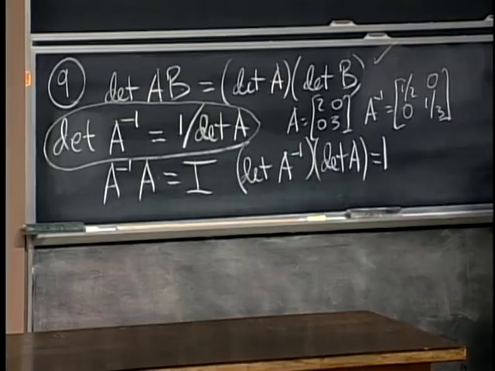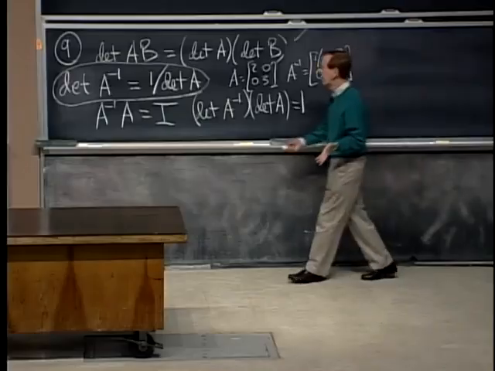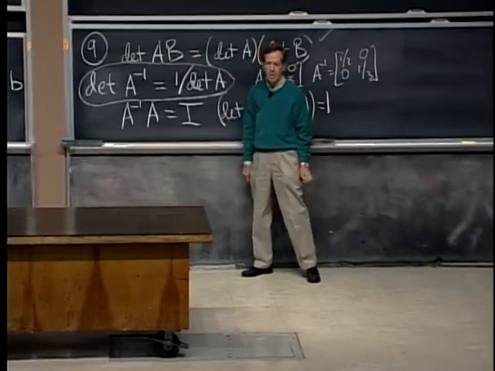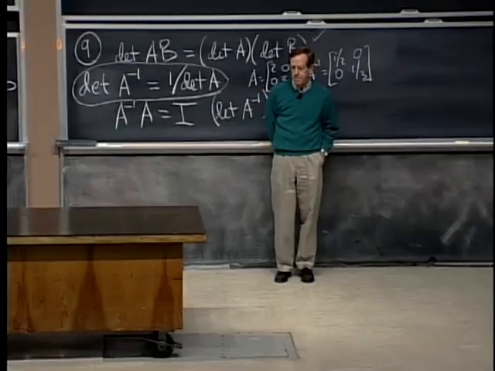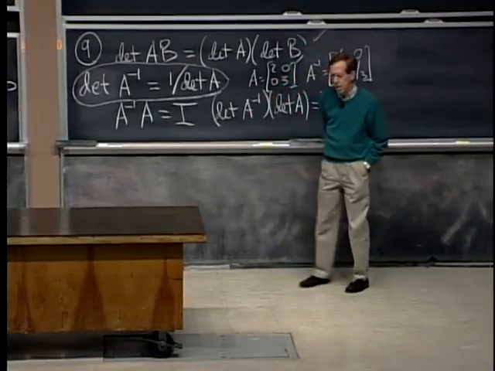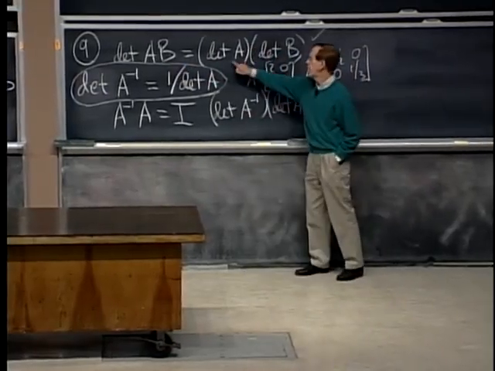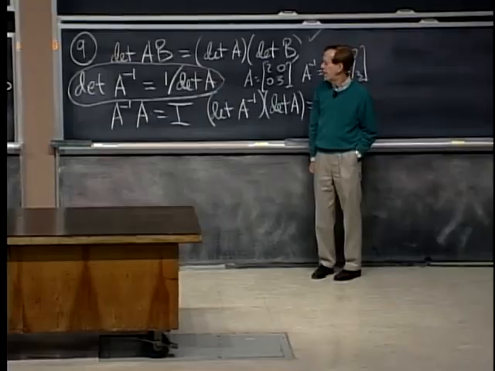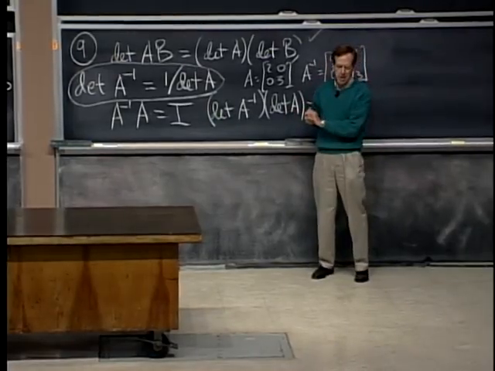It also tells me, let's see what else it's telling me. What's the determinant of A squared? If I take a matrix and square it, then the determinant just got squared, right? The determinant of A squared is the determinant of A times the determinant of A. So if I square the matrix, I square the determinant.